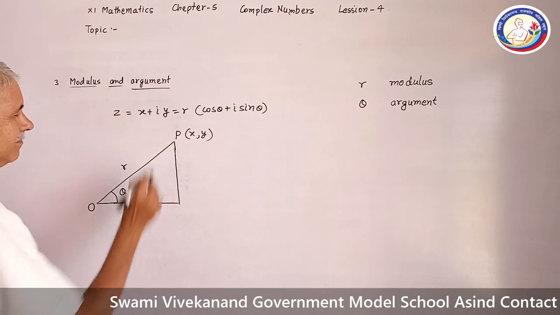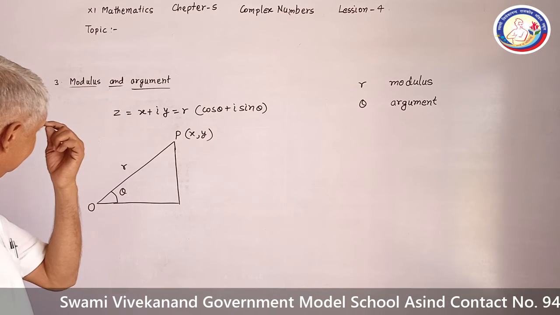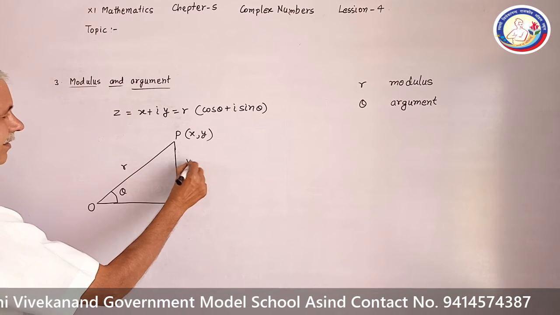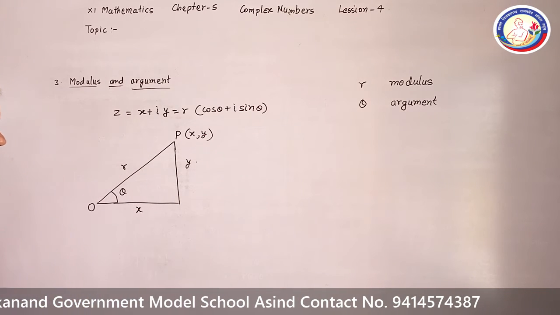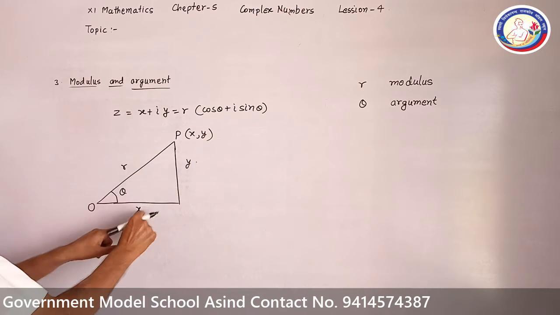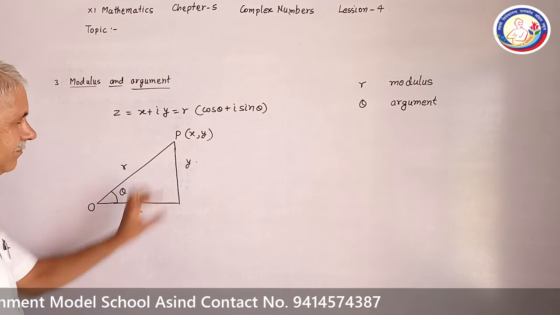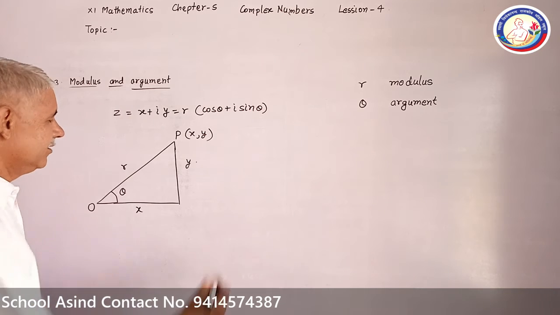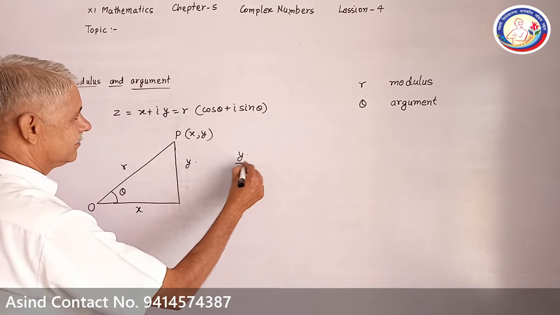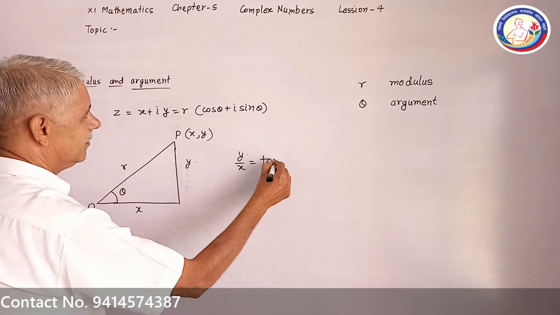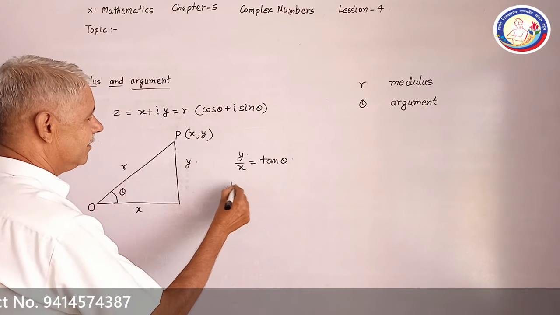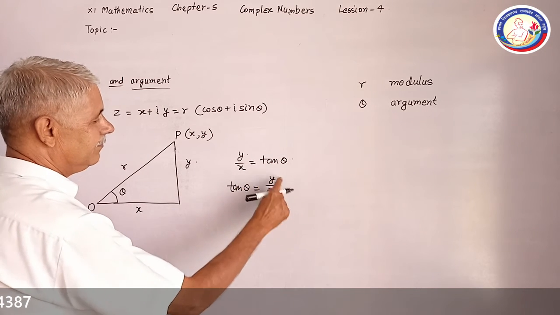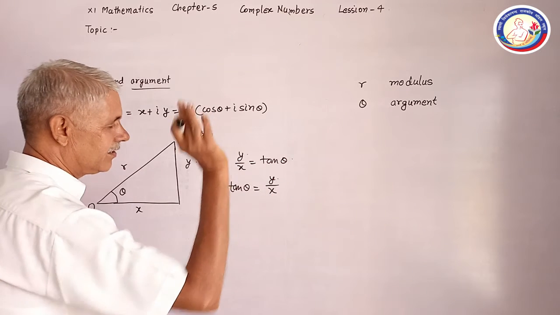Now, this is y and this is x. What is the relation between the two sides, perpendicular and base, for this angle theta in this right angle triangle? This is nothing but y upon x is tangent theta, or tangent theta is equal to y upon x, imaginary part upon real part.